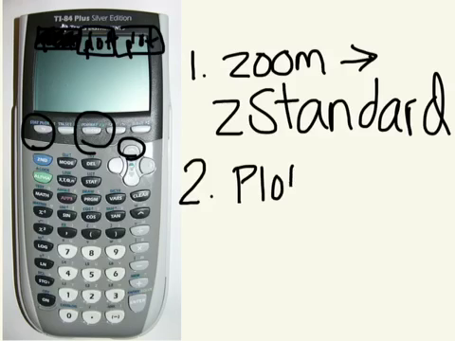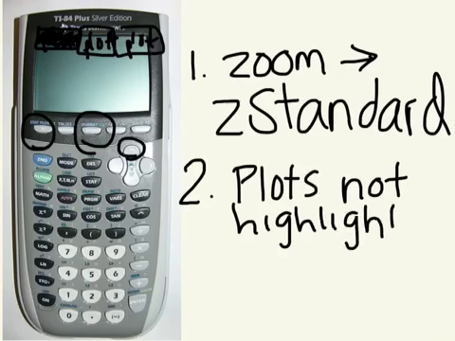So plots not highlighted. Make sure that all 3 of them are clear. They should not have a highlighting on them or a gray box on top of them. So make sure that those are not highlighted.